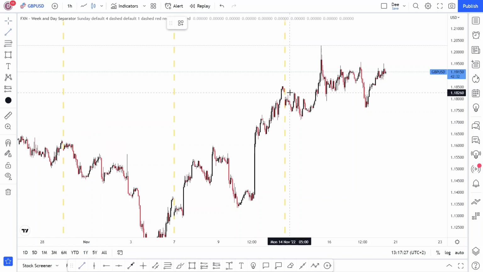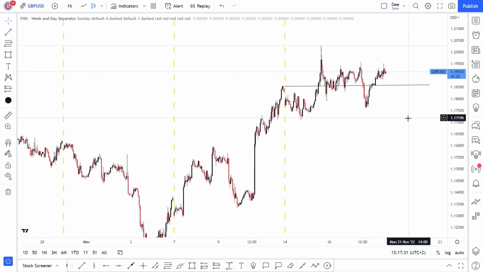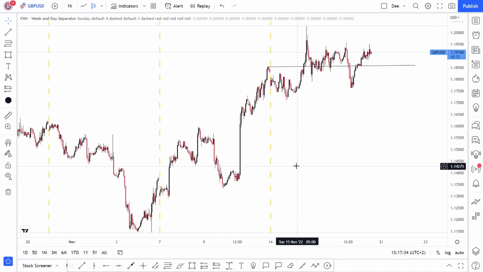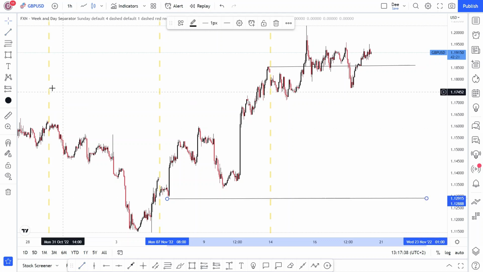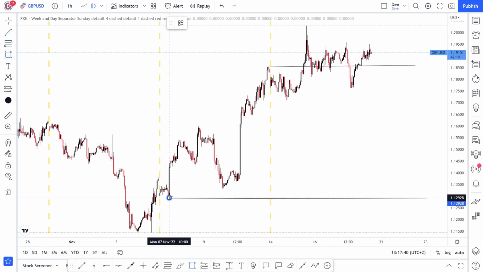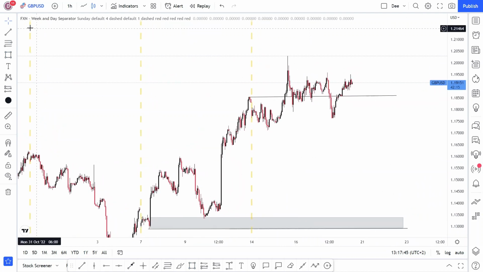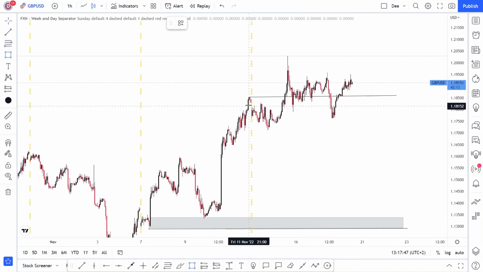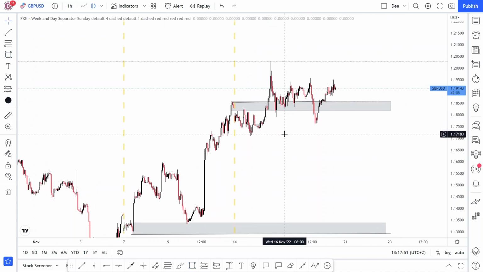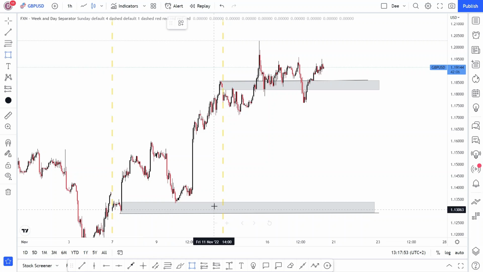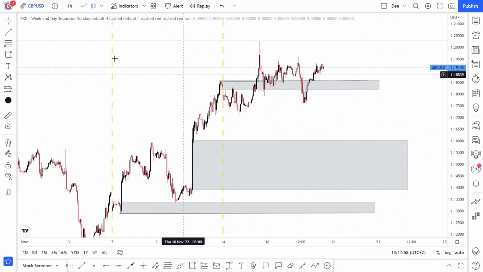On this current week, we had the previous weekly high there, and this was the weekly low. Okay. So this is GBP USD, and you still have this buy side and sell side inefficiency.